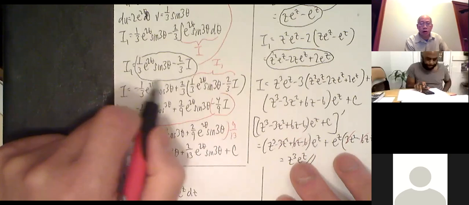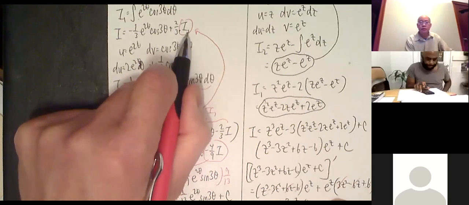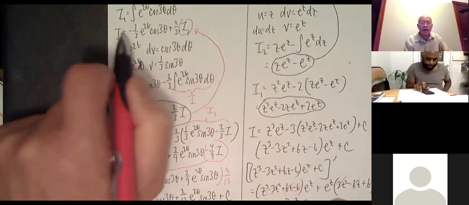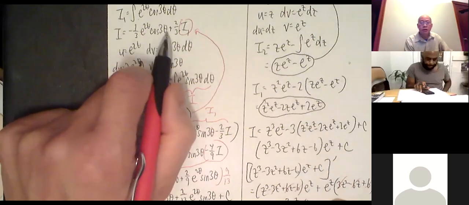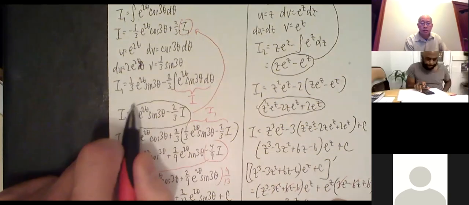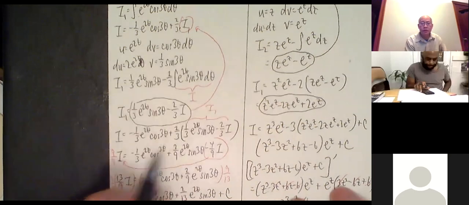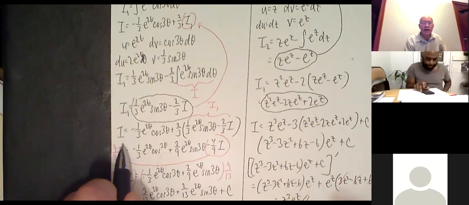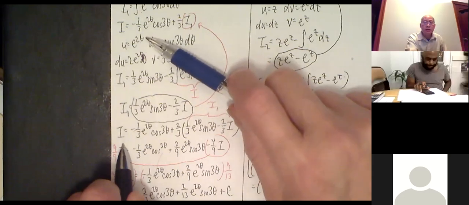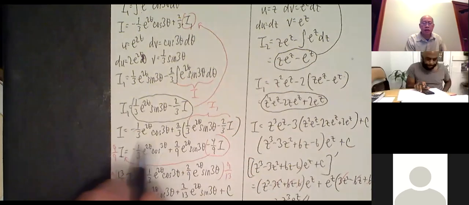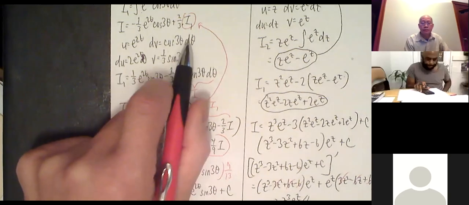So I pick this whole thing up, plug it into here. Right? So I is negative 1/3 e to the 2 theta cosine 3 theta plus 2/3 I1. So in place of I1, I pick up this mess and throw it into there. So here we go. I is negative 1/3 e to the 2 theta cosine 3 theta, there it is, plus 2/3 I1.